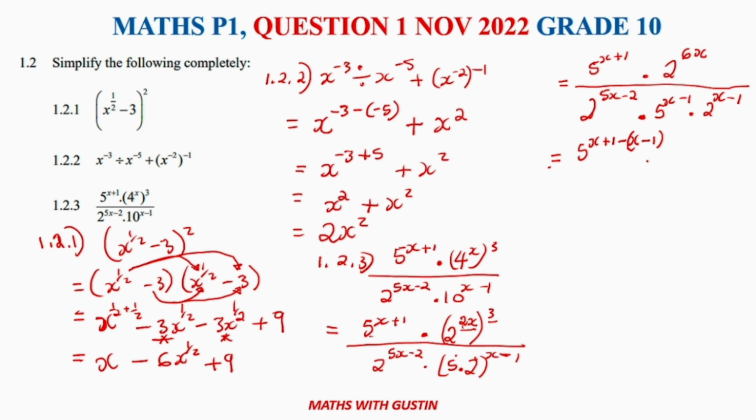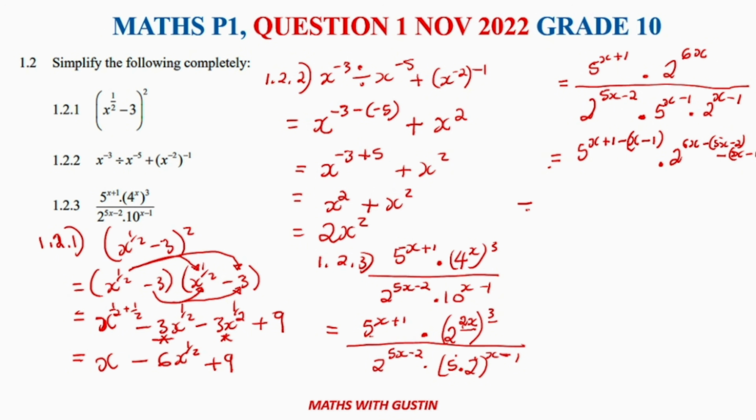Okay, there you go. So now we're going to do the 2 to the power of x, and therefore if the bases are the same and you are dividing, you must subtract the exponents: 6x minus 5x minus 2, and therefore also minus x minus 1 in brackets. Okay, so I think it's clear now.